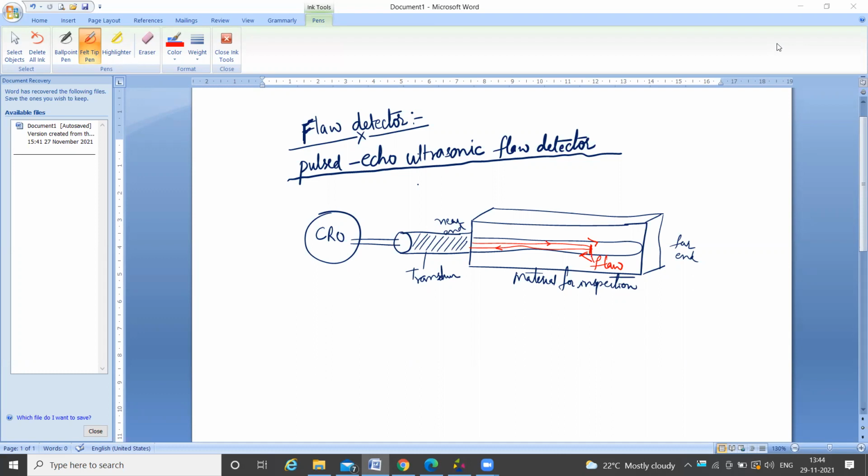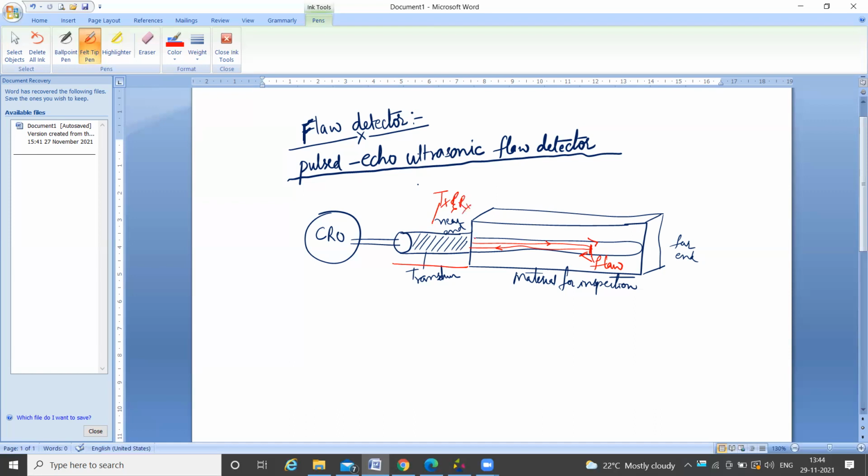So basically, here one transducer is there. This is the transducer, and it acts like a transmitter as well as a receiver.